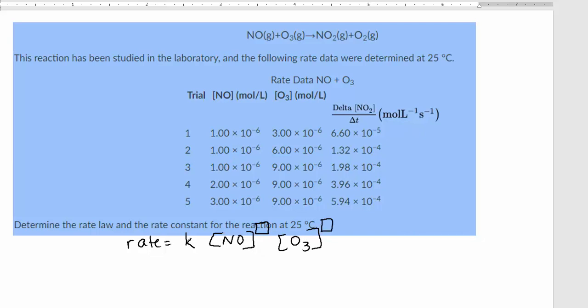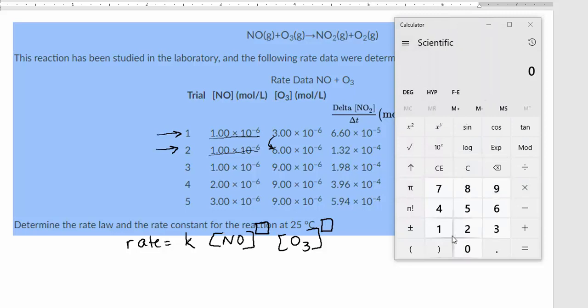So let's look at our reaction data. If we take trials 1 and 2, note that the NO concentration is kept constant, but we are doubling the concentration of our ozone. So what happens to our rate here when we double that ozone?